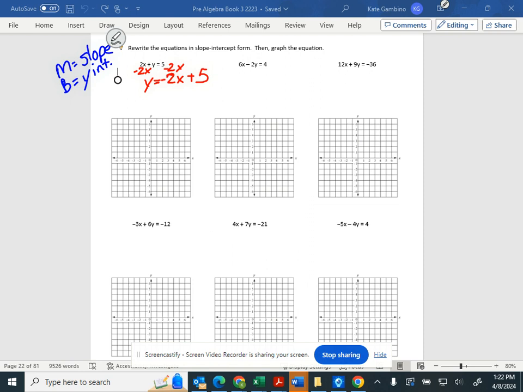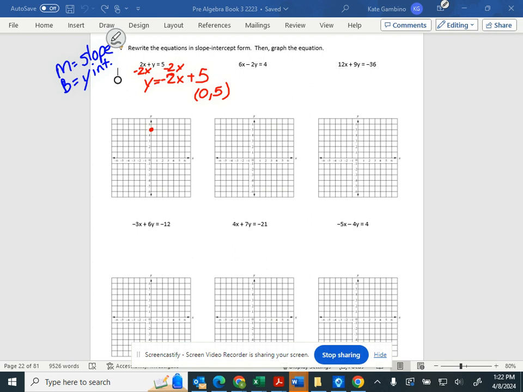Say that again, Owen. You put a point on 0, 5. Yeah, because that y-intercept, when it's at positive 5, we know the x is 0. Now what do I do, Owen? What is our slope?